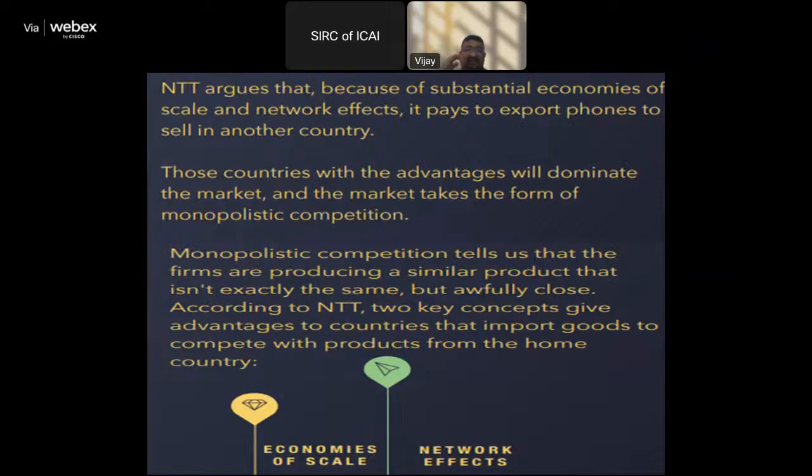This is what we said, that even though we are having a manufacturing capacity of phones, we will export phones, and some nation will import phones.